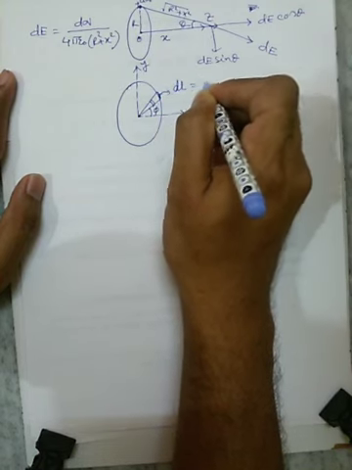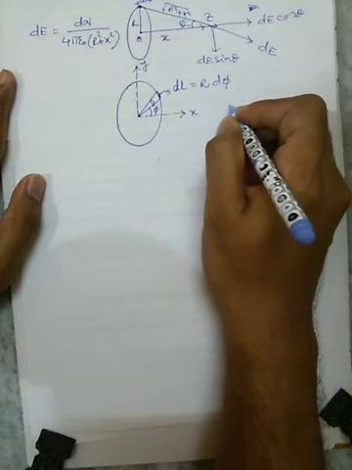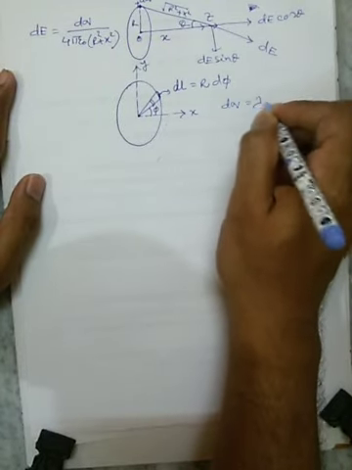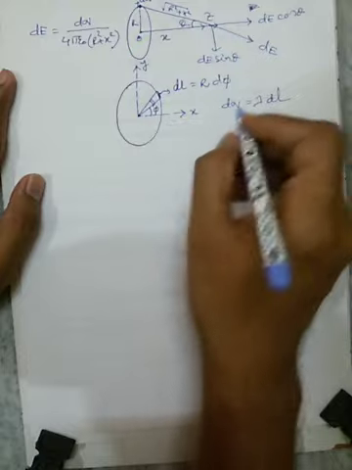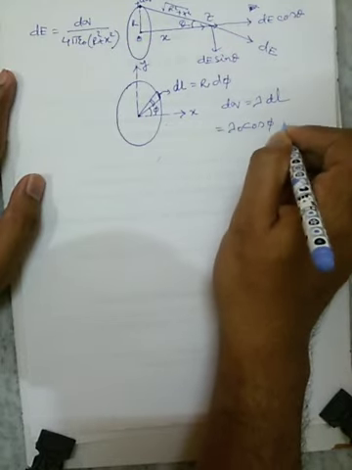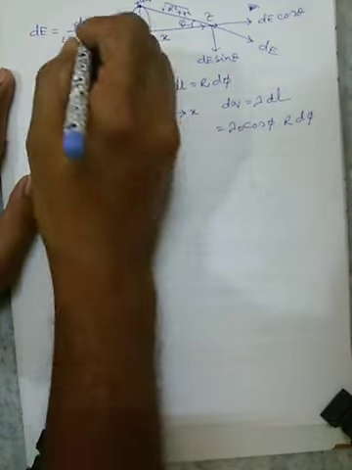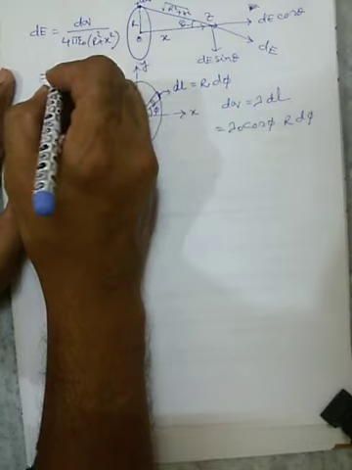dl, this length, is equal to r d phi. Then we can say that dq is equal to lambda into dl. Lambda is given, which is lambda naught cos phi, into r d phi. Therefore dq is equal to lambda naught r cos phi d phi.